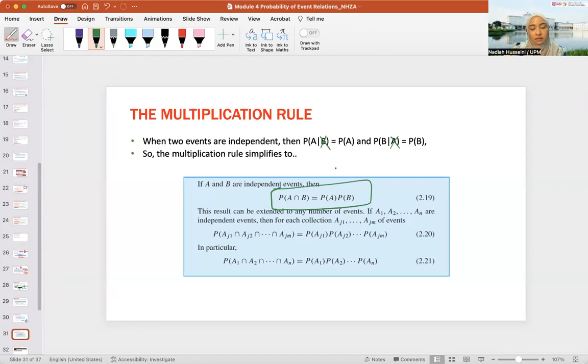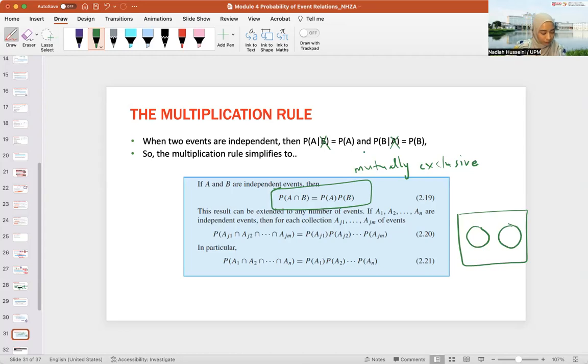And we have seen this for mutually exclusive events in module number 3. Mutually exclusive: if A and B do not overlap in the sample space, they are independent events. If I wanted to find out what is P(A intersect B), I just multiply the two.